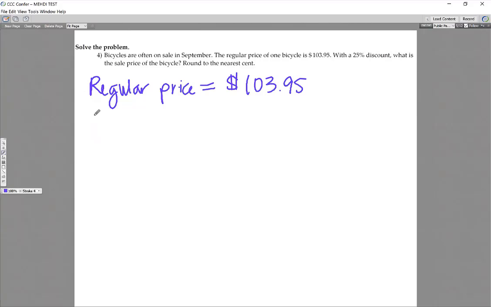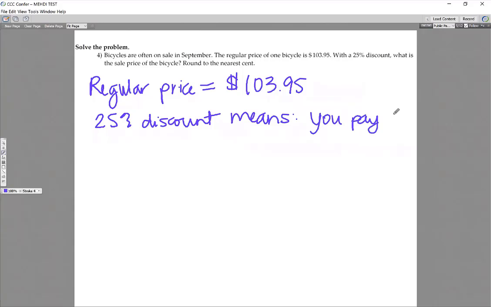We know that there is a 25% discount, which means that you pay 75%, right? That's just a difference of 100% minus 25%.